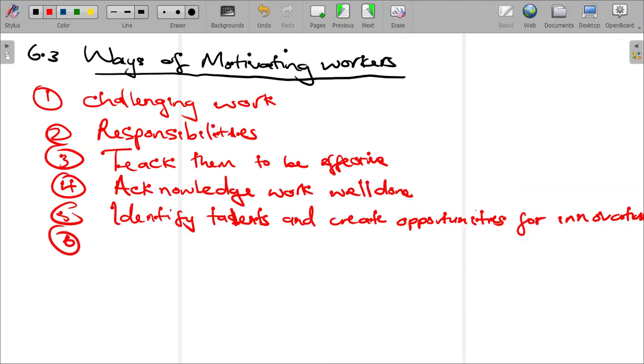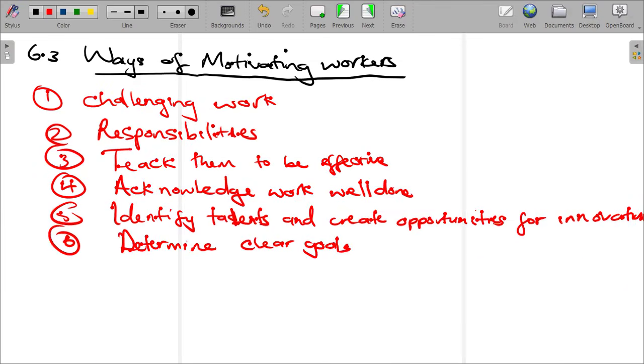Lastly, determine clear goals and develop a vision of what is to be achieved.